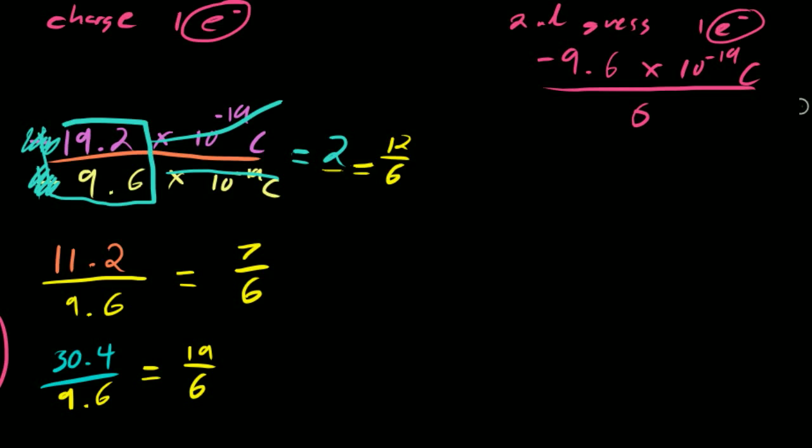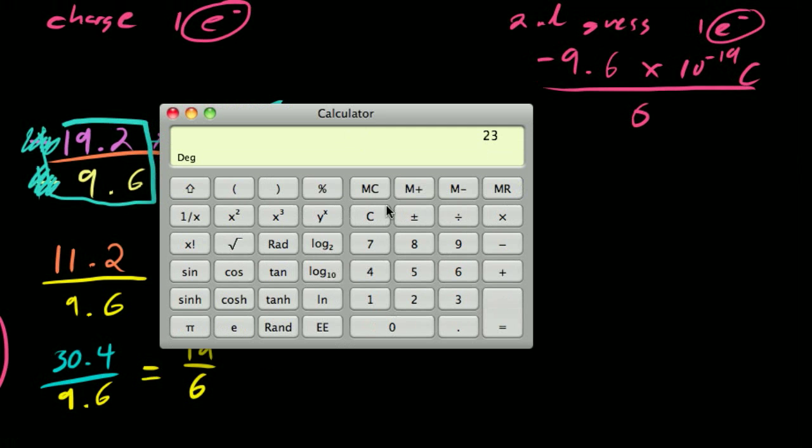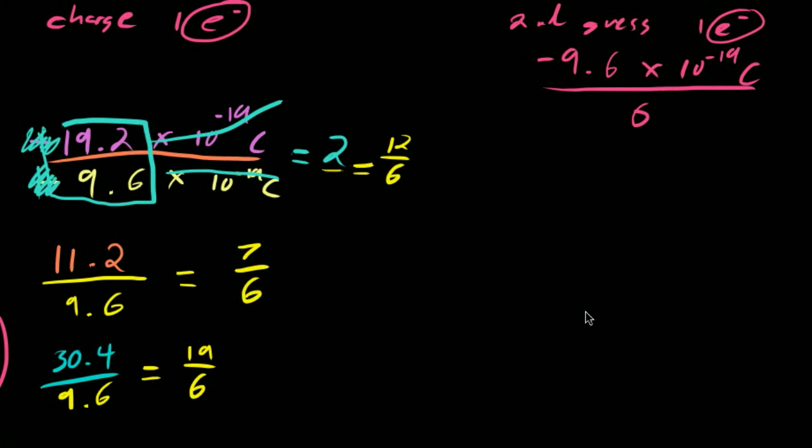We figured that out just a moment ago: 9.6 divided by 6 is 1.6. So we can say that our second guess for the charge of an electron, and it's not a coincidence that this actually is the charge of one electron, since I prepared this problem ahead of time, is minus 1.6 times 10 to the minus 19 coulombs.